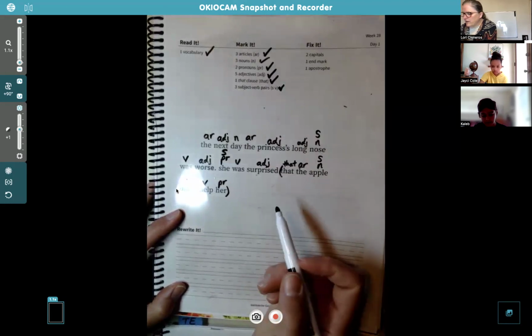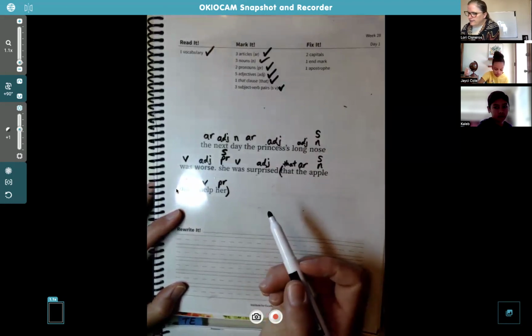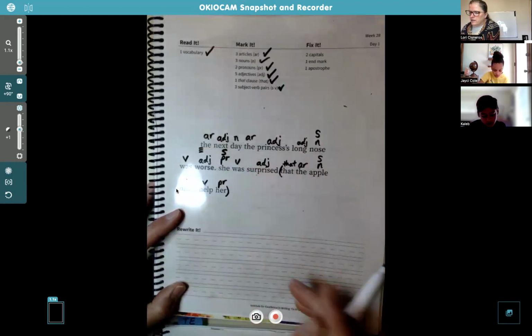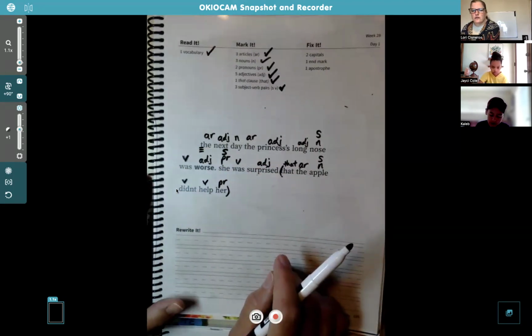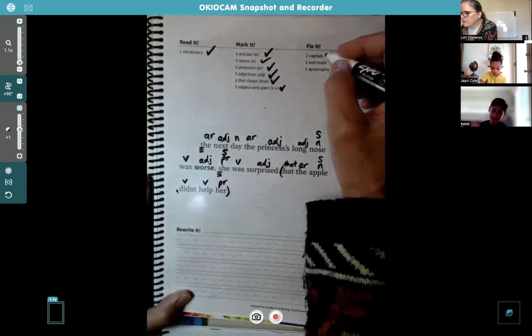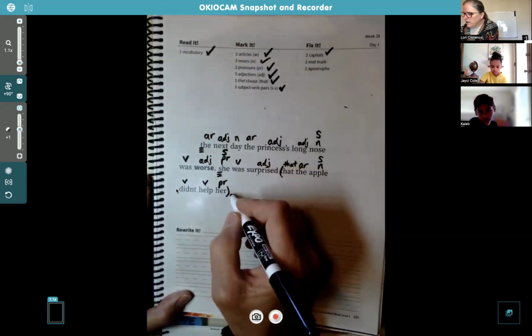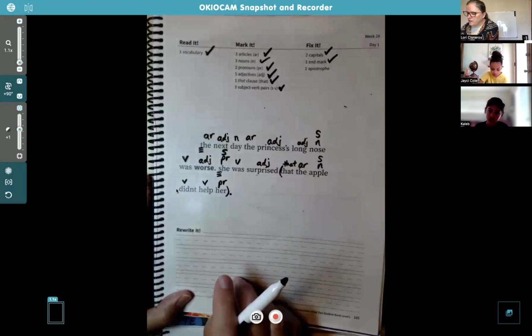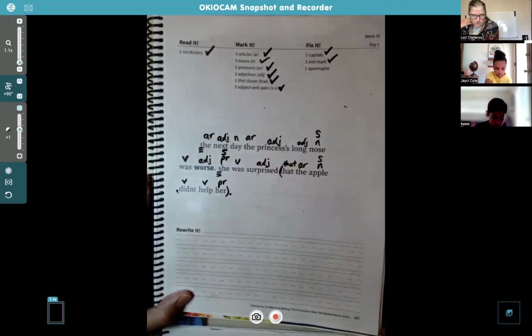Okay, capitals, Kaden. The T at the beginning of the sentence, and then the S in she. Good. Beginning of that sentence. End mark is just a period. Where does the apostrophe go, JC? Didn't.